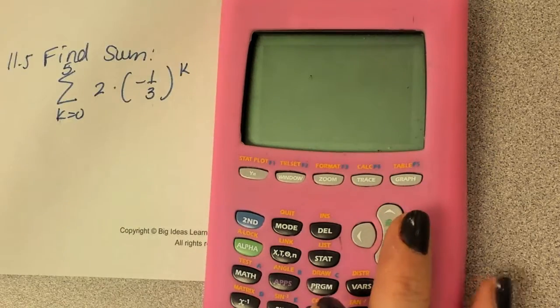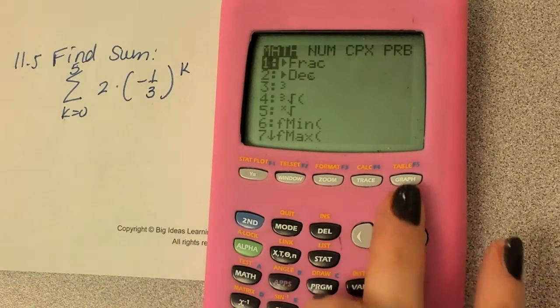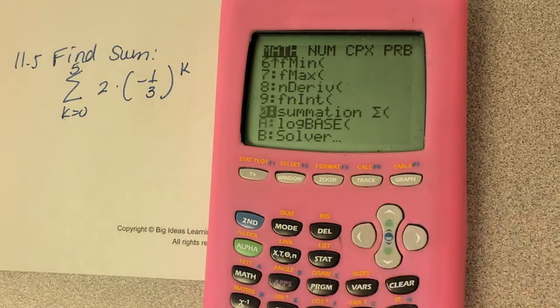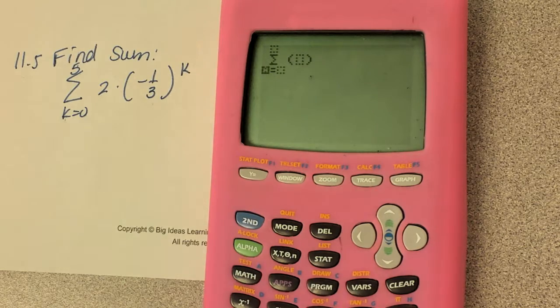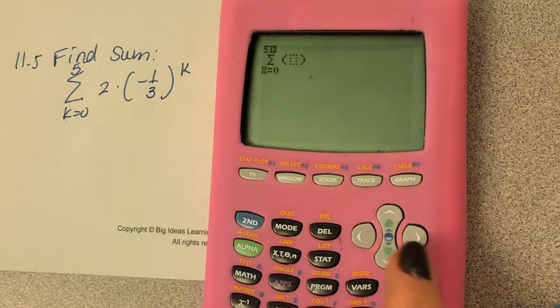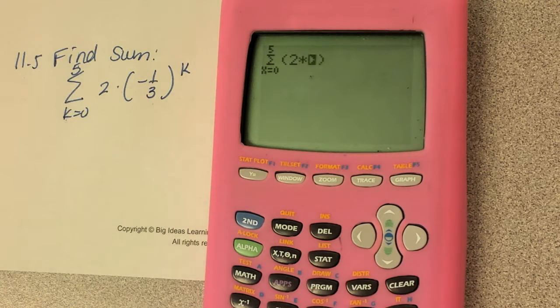If you have one of the newer calculators, you can just go under Math, go up to Summation. I don't like to try to find the k, so I just use x's. And that's the way I would have to put that in.